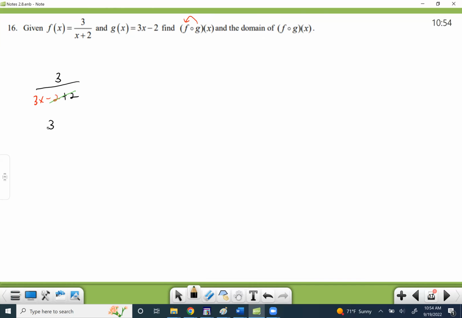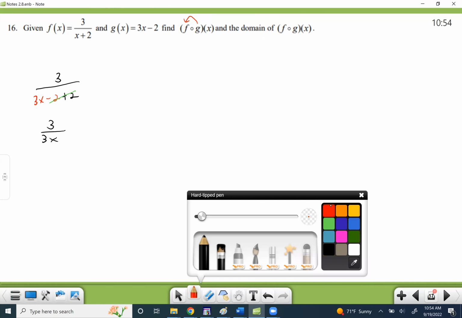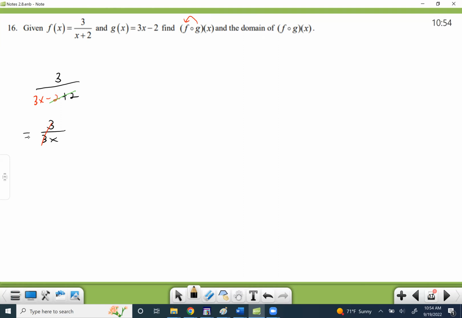So we're left with 3 over 3x. We'll go ahead and cancel the 3's. And that does not leave me with x, you guys. That's my number one wrong answer. Remember that x is in the bottom, so it can't magically creep up to the top. It still has to be in the bottom. So there is a 1 in the numerator left over. Think about it, 3 divided by 3 is 1, right? So it makes sense that there's a 1 there.